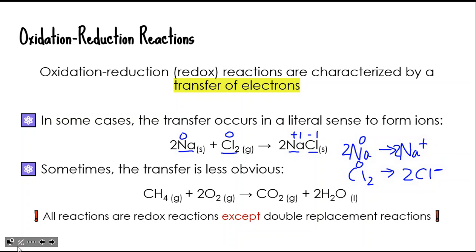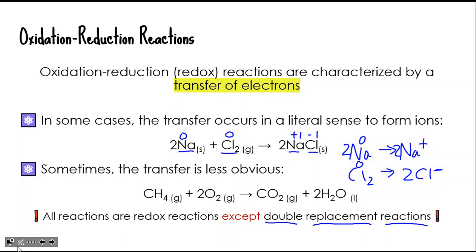Basically, every type of reaction involves redox because there is some change in the electrons, except for double replacements. In double replacement reactions, you will notice the charges remain the same from the reactant side to the product side.